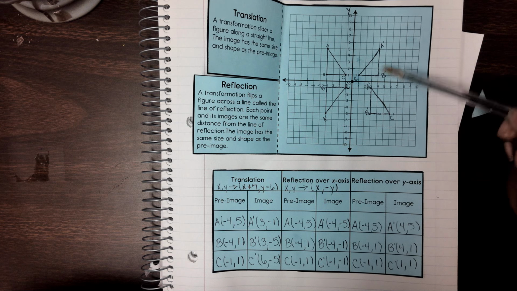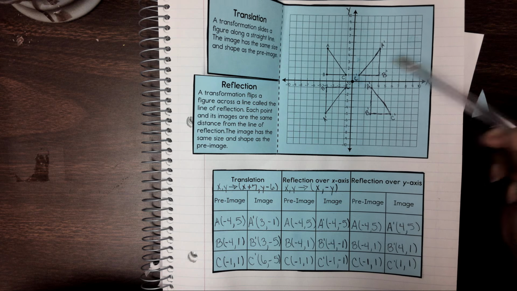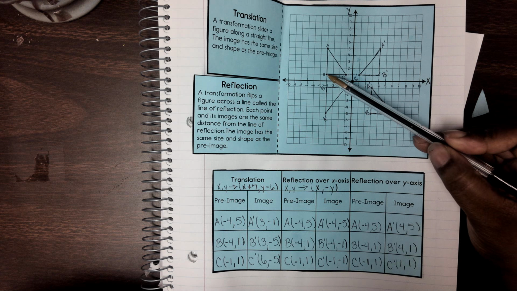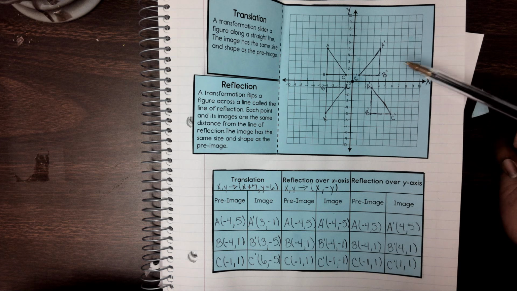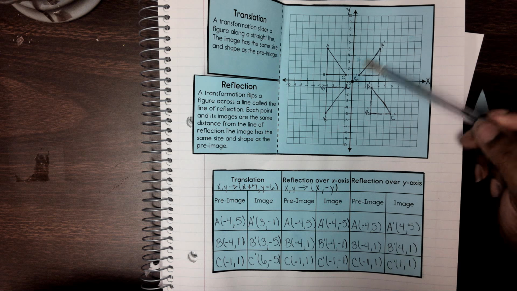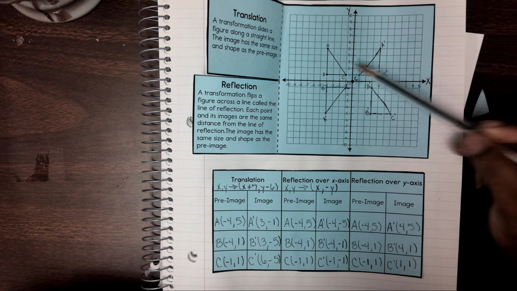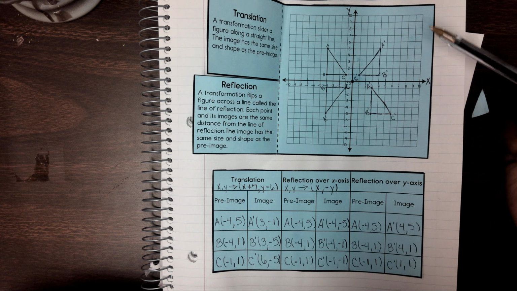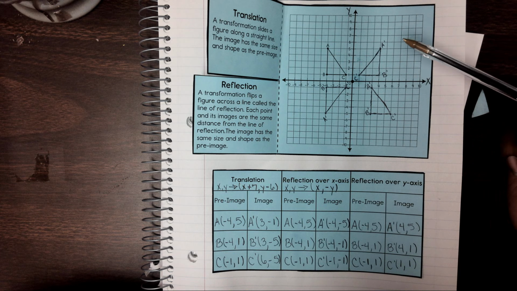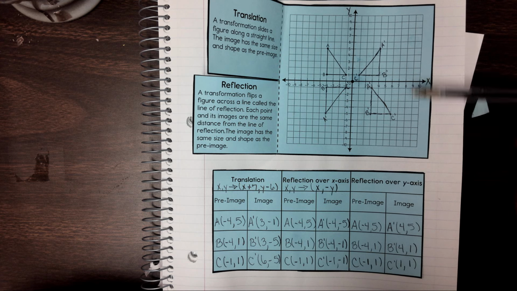Again, it looks different because C was originally on the right side, C is now on the left side. B was originally on the left side, is now on the right side. So with that being said, orientation was not preserved, okay? Again, orientation was not preserved. Again, the figure looks different than its original. And again, it's going to be the same exact thing when we reflect the other way.